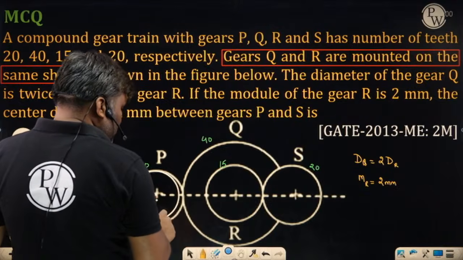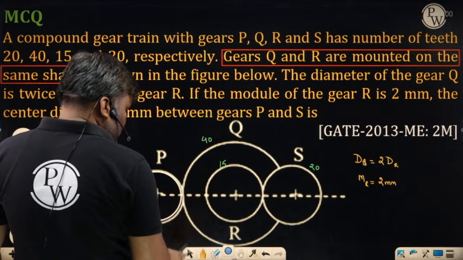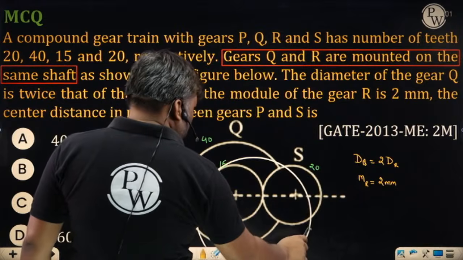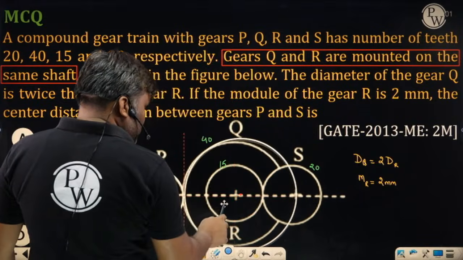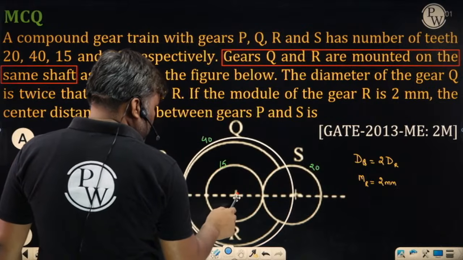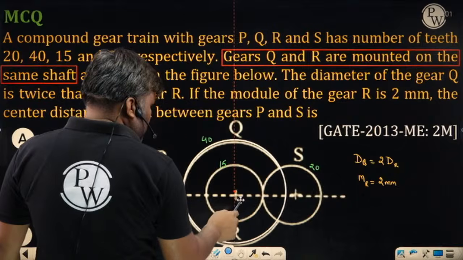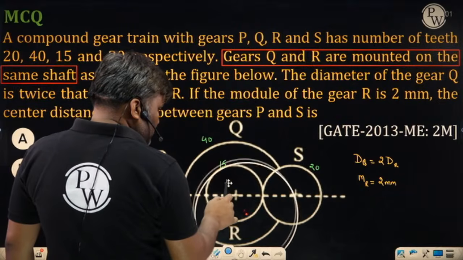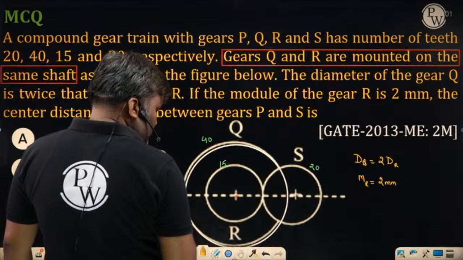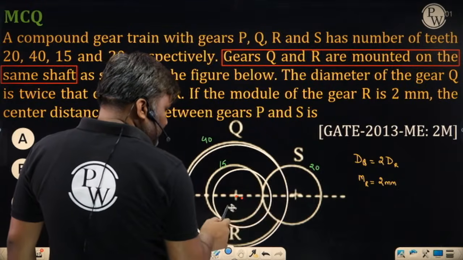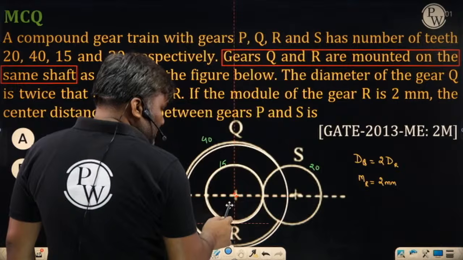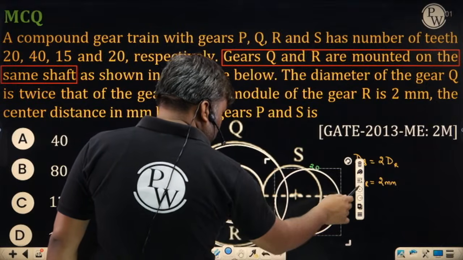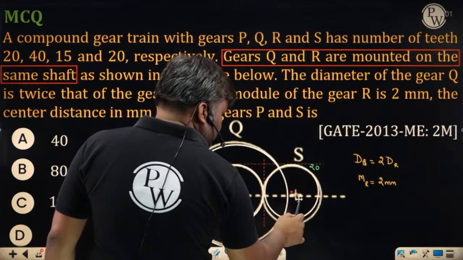Sir, we have this gear known as P. This is my gear number P. P is driving Q. This is gear Q. Q is compound with R. This is the gear R. And R is engaged with S. This is my gear S. Okay?